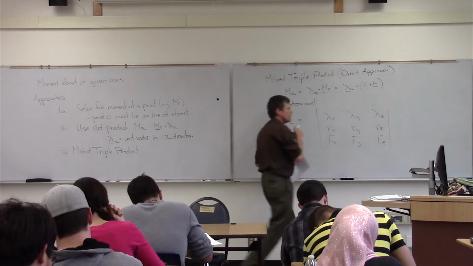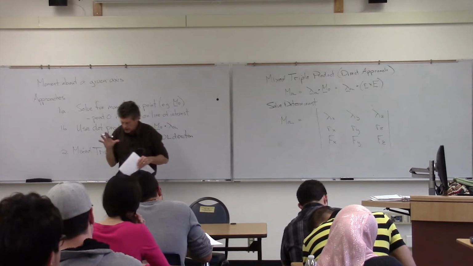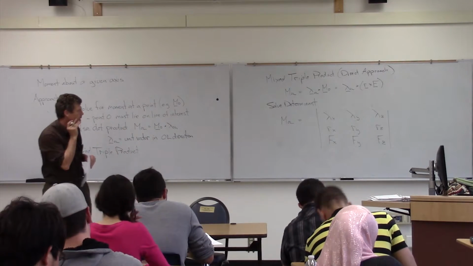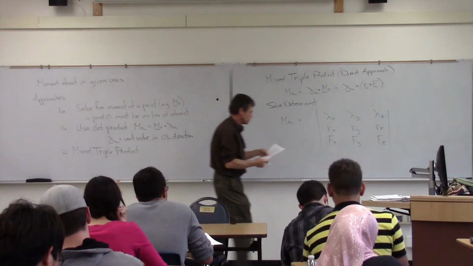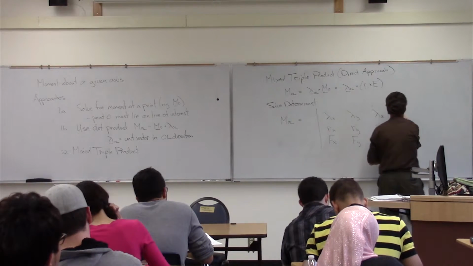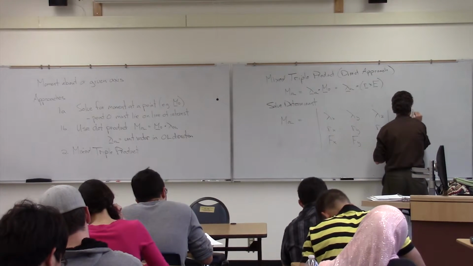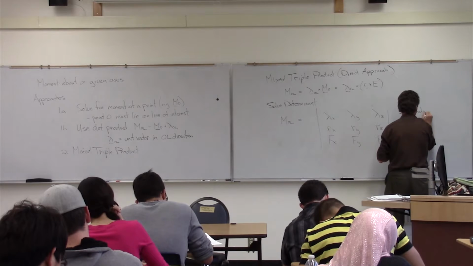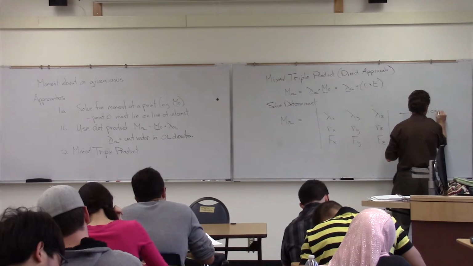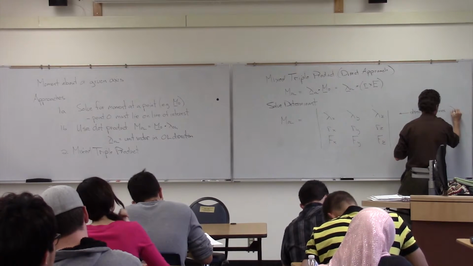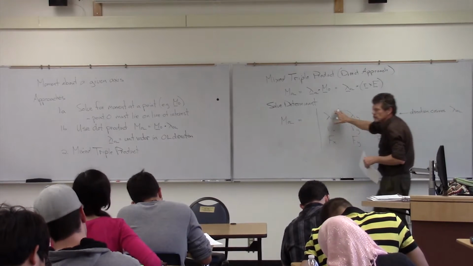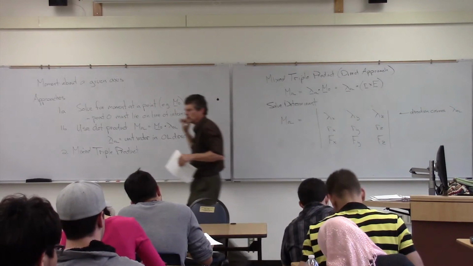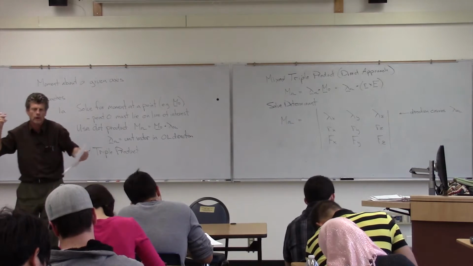what we're going to do is solve a similar determinant to what we did with the cross product. The only difference now is instead of i, j, and k in the top there, we're just going to put in those direction cosines.